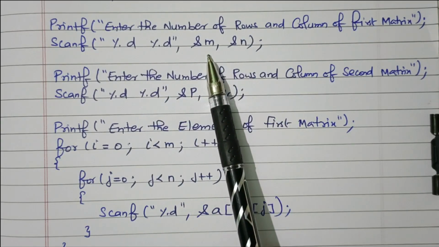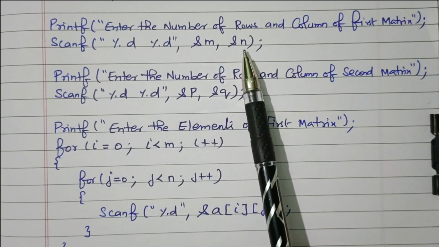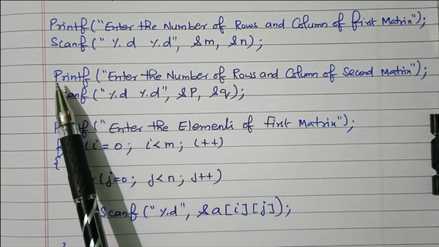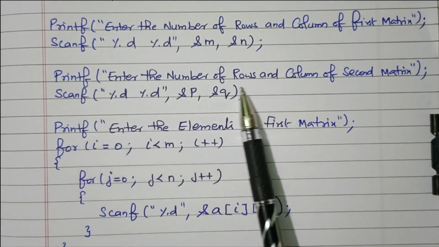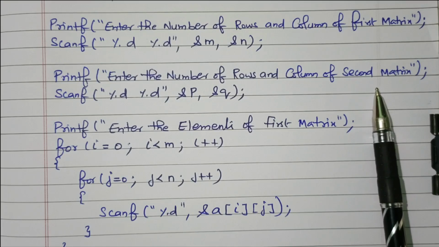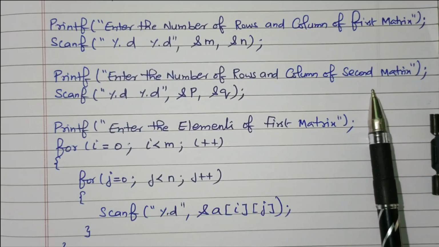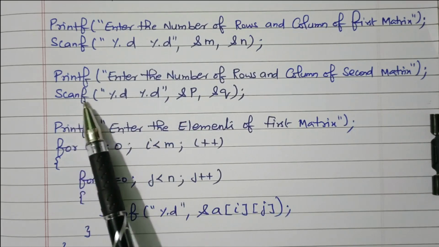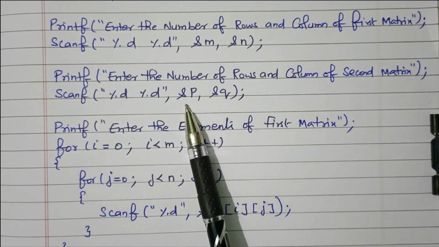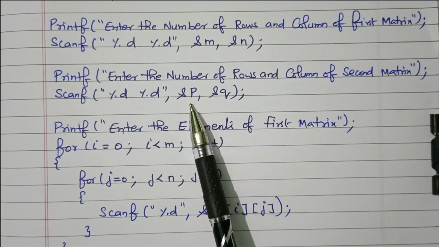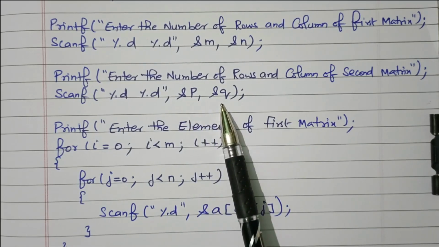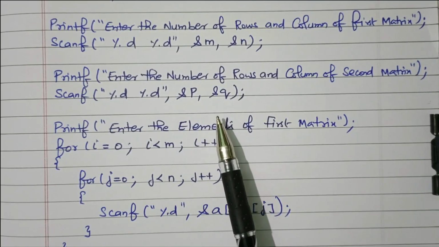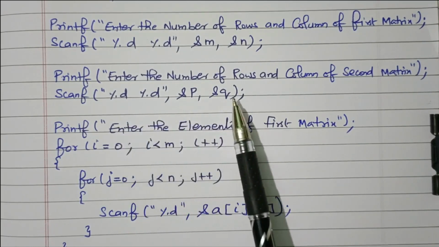So the two values the user entered are stored in m and n, the row size and column size of the first matrix. Then printf, enter the number of rows and columns of second matrix. We ask the user to enter the size of the second matrix. The user will enter two values, scanf %d %d with &p and &q. The first value is stored in p, the second in q: the row and column of the second matrix. Right. Now we got these values.